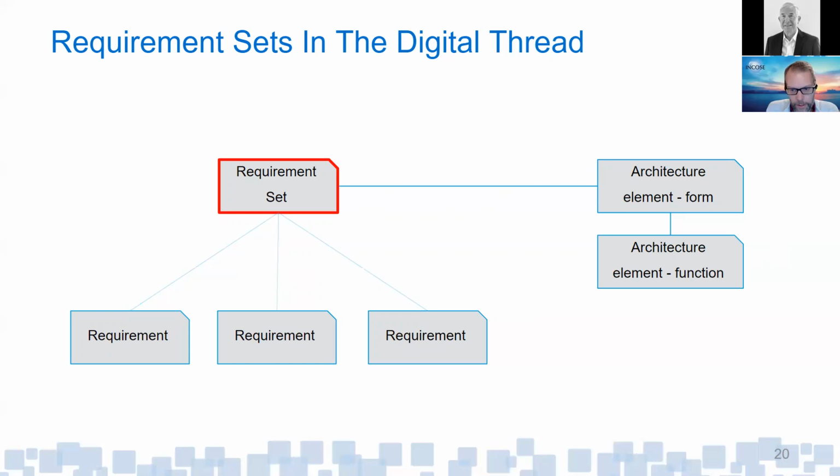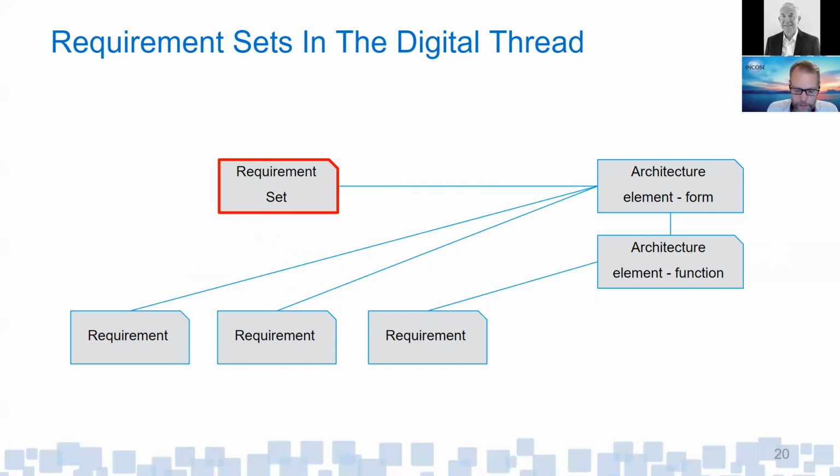We can have connections, of course, between requirements and directly to the model, and it's a little bit of a redundant thing. Even if it's functional requirements, connecting directly to the functions will add some information there.